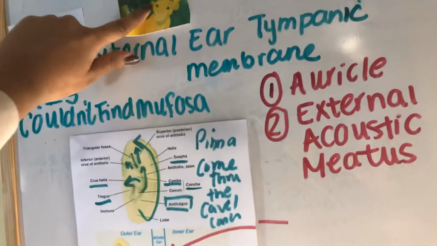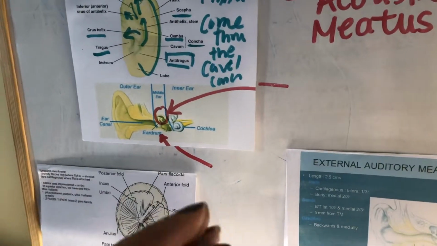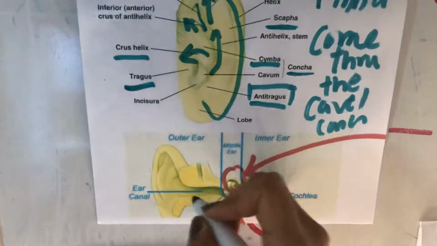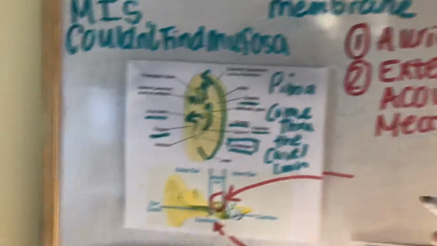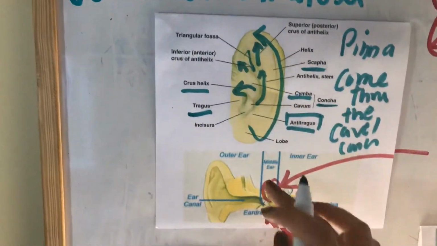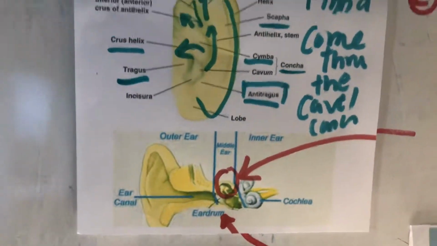The reason why I use this is because then we can continue on with the story, and there's more and more parts to it. So the external ear goes from the auricle, and remember the external ear includes the auricle and the external acoustic meatus. Now the middle ear is across the eardrum structure.